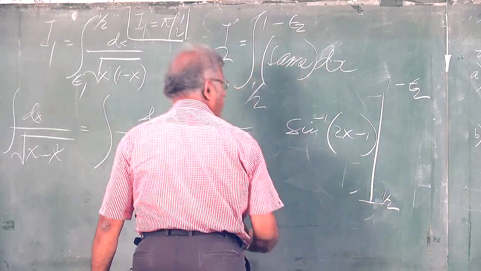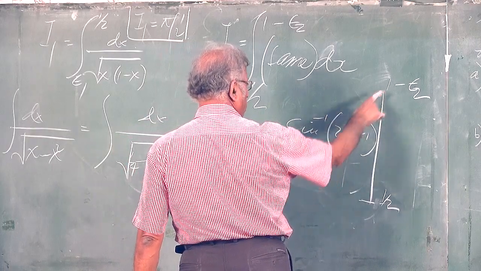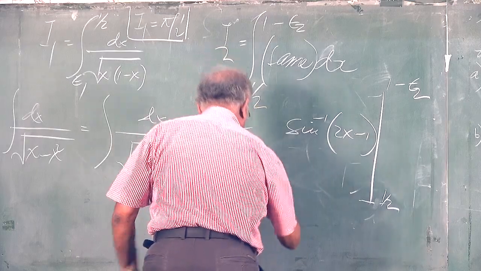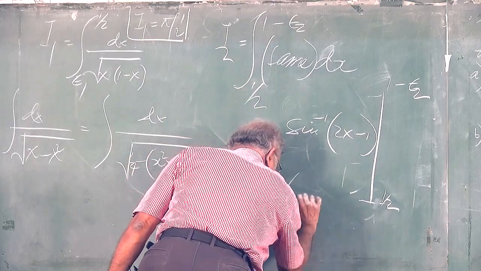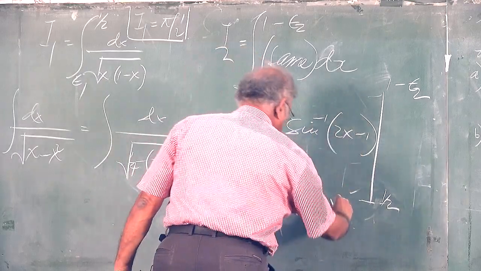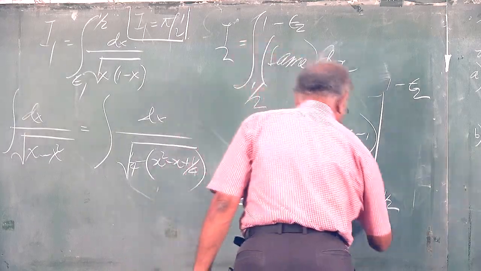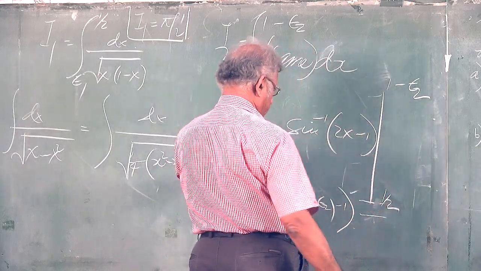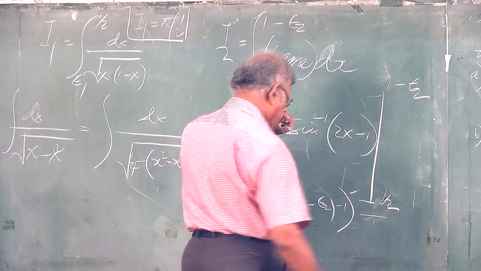This is equal to sine inverse of 2 into 1 minus epsilon 2, minus 1, minus sine inverse of 2 into half minus 1, that is sine inverse 0.